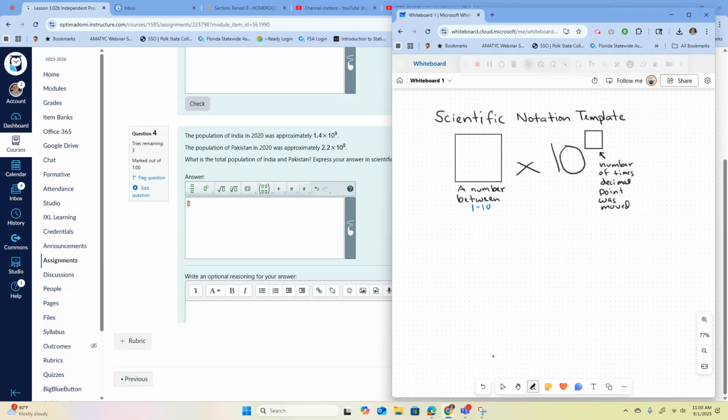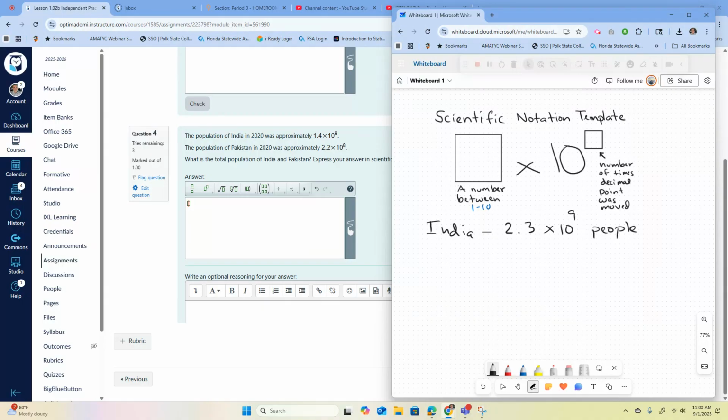Let's say that the population of India is, I'm making this up, 2.3 times 10 to the 9th power people. That's a lot of people.